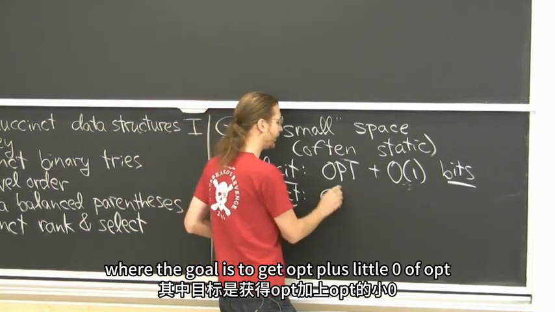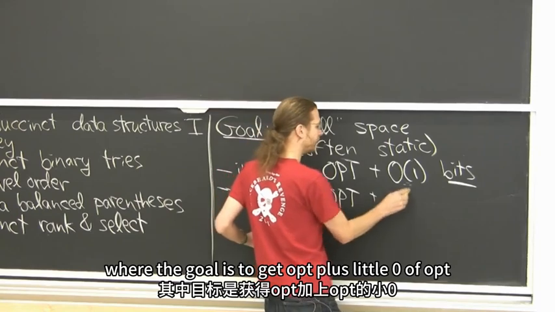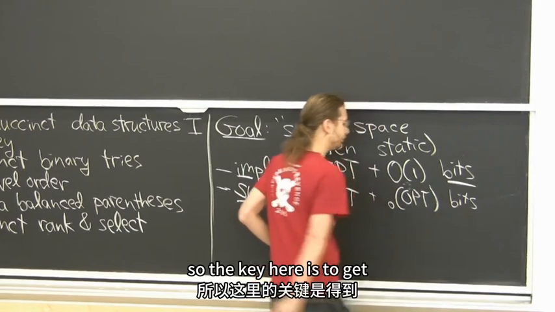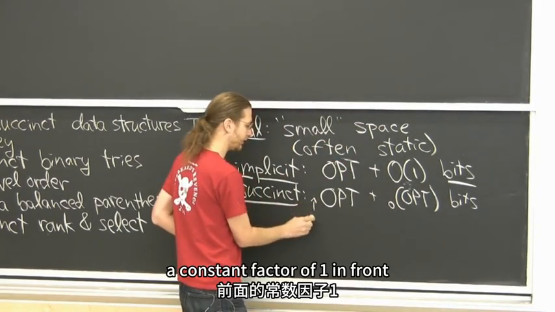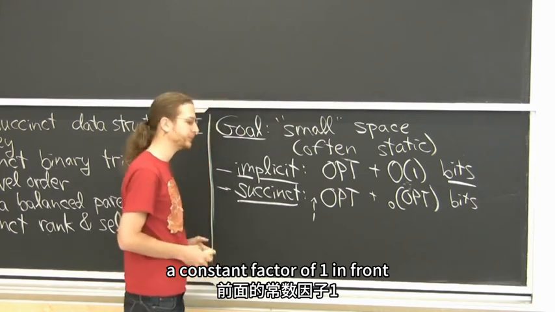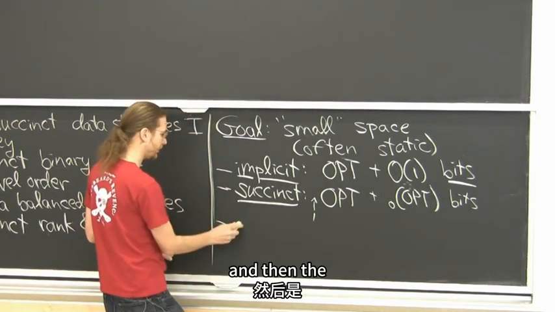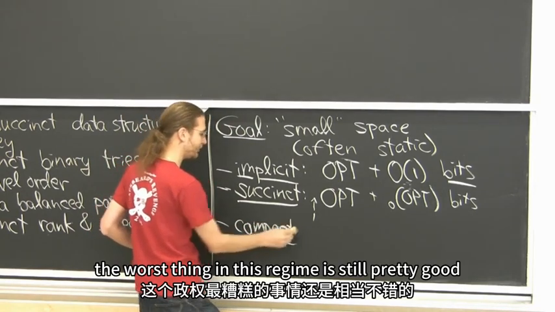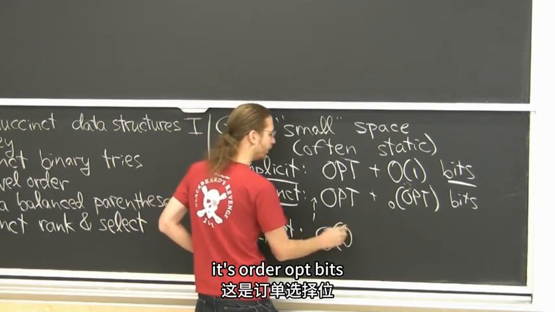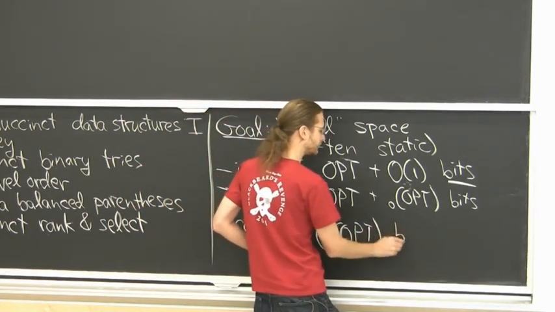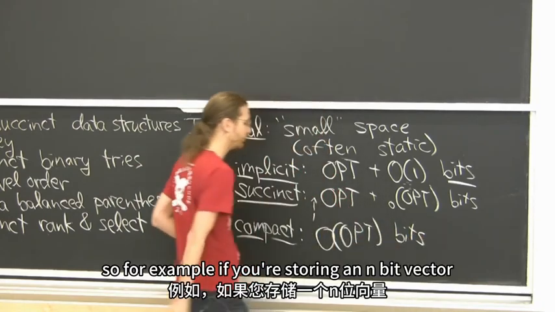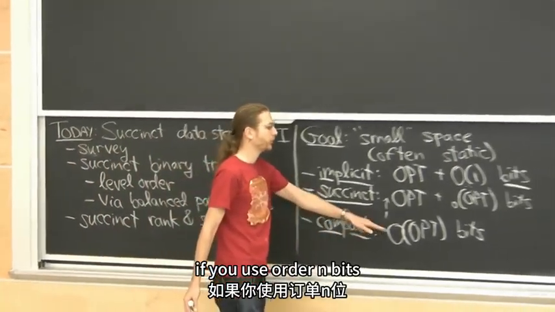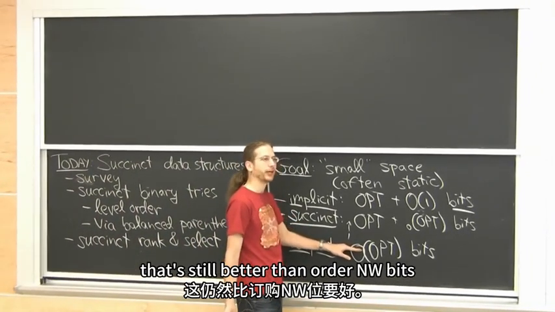But the next best thing would be a succinct data structure, where the goal is to get opt plus little o of opt bits. So the key here is to get a constant factor of 1 in front. And then the worst thing in this regime is still pretty good. It's order opt bits. So for example, if you're storing an n-bit vector, if you use order n bits, that's still better than order nw bits.